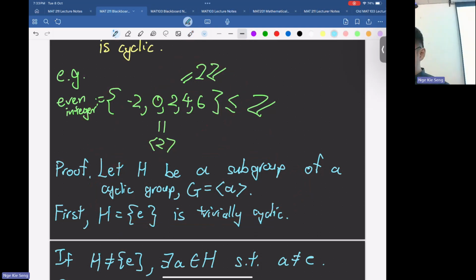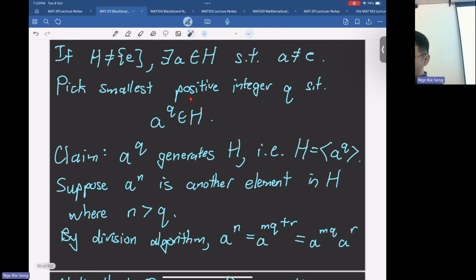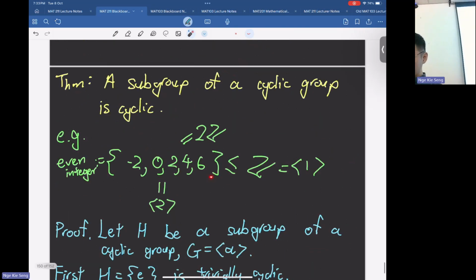If you apply the story of this proof to this question here, you can see that if I write my Z as generated by 1, then what's the smallest q for this subgroup here? 2. The smallest positive integer such that 1 to some power is in this set is 2.